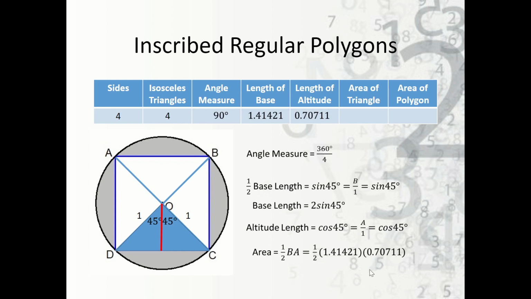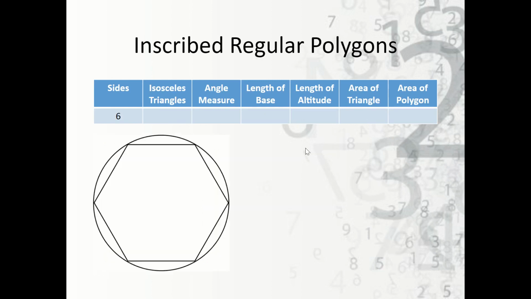And when we enter that into our calculator, we get 0.5 as our area. So each of these triangles has an area of 0.5. Well, the area of the polygon then is 4 of those because there's 4 triangles. So 1, 2, 3, 4. So if we multiply 0.5 times 4, we get 2. So that's how we can fill in our table for a 4-sided figure.